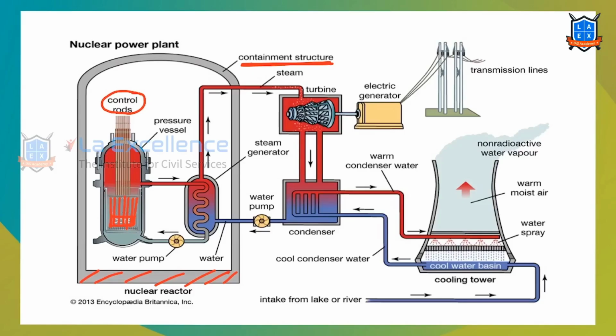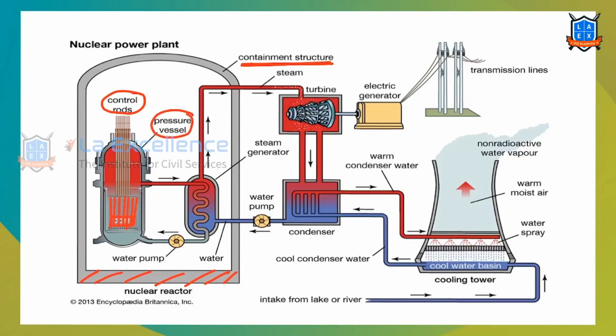These three again react with uranium, and again they release three neutrons each. This is called chain reaction. We should control this chain reaction, otherwise it leads to excessive generation of heat. So we have control rods to control the chain reaction that happens in the nuclear reactor.